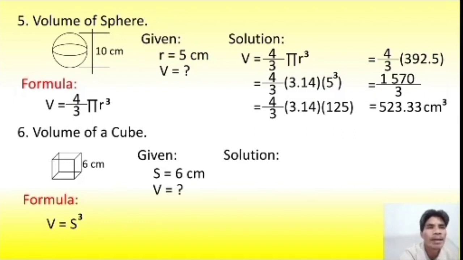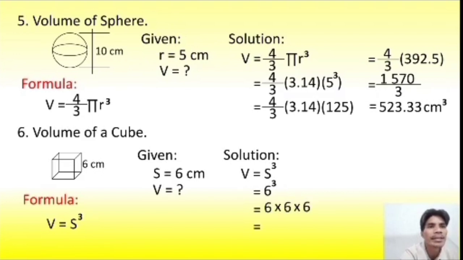Solution, so copy muna the formula. V equals S cube. So equals S is 6, then copy cube equals, so 6 cube meaning 6 times 6 times 6.